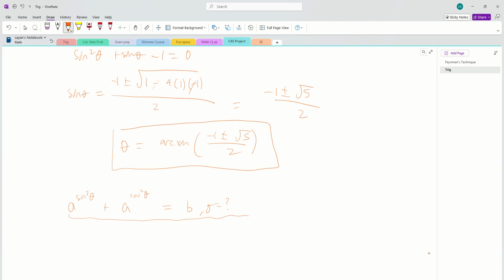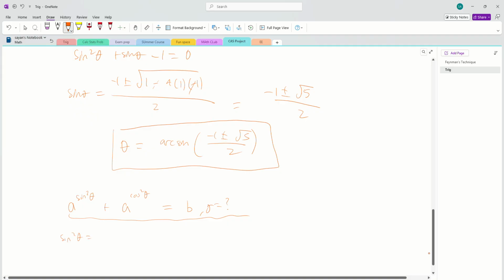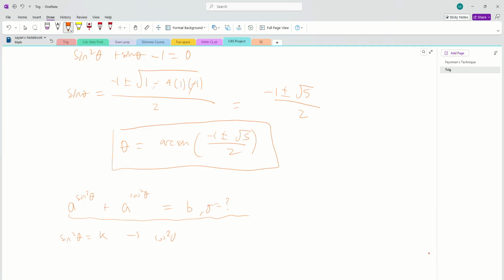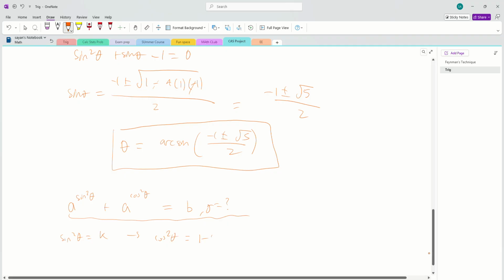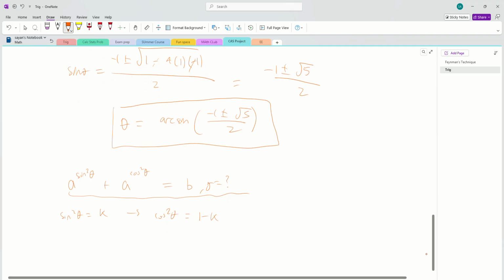Well, I'm going to let sine squared theta equal k. Therefore, cosine squared theta is going to be equal to 1 minus k. So now we have a to the k plus a times a to the minus k is equal to b.